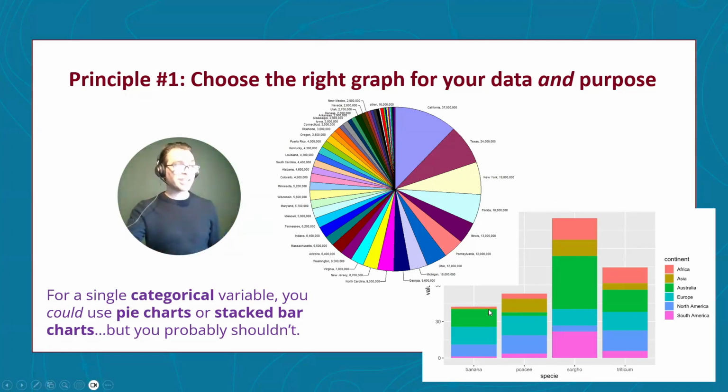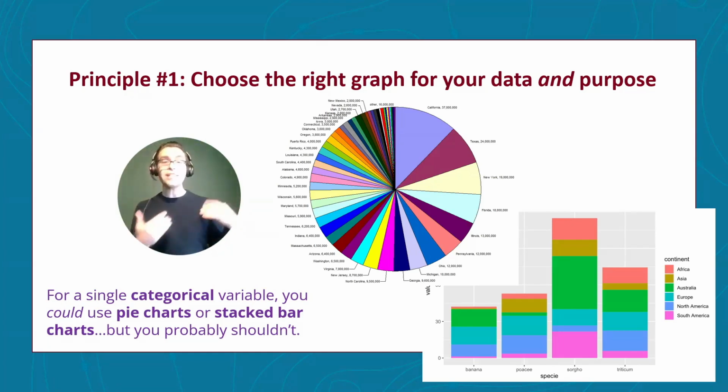It's very hard to compare the relative heights of bars that don't start and end in exactly the same places. It's hard to make comparisons on these graphs. It's very difficult if the wedges on a pie chart are in two different orientations to compare their sizes very effectively. And as these examples on the slide also show, it's easy to make these types of graphs completely overwhelming and, on top of that, pretty ugly to look at.